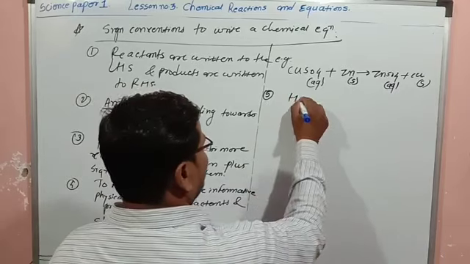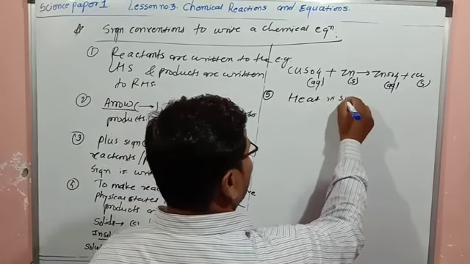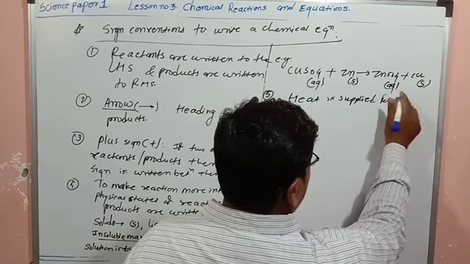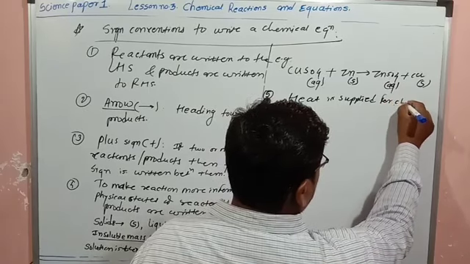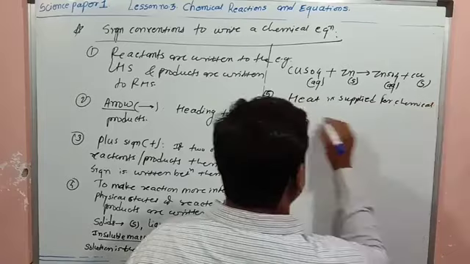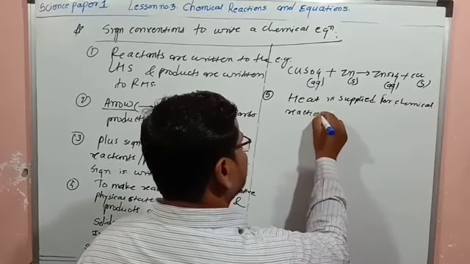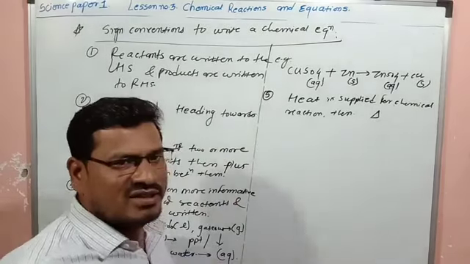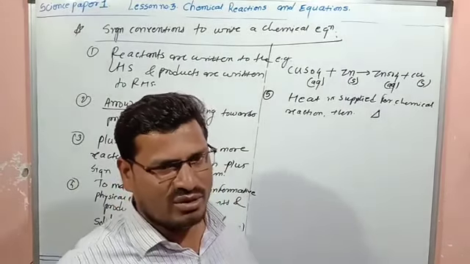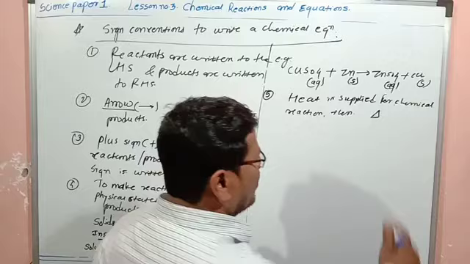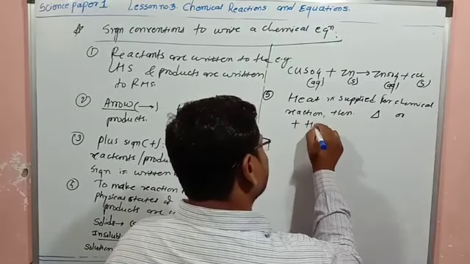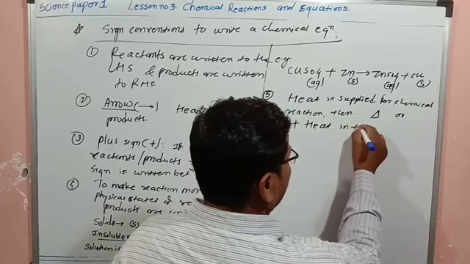If heat is supplied for the chemical reaction, then you write the delta sign above the arrow, or you can write plus heat on the reactant side.